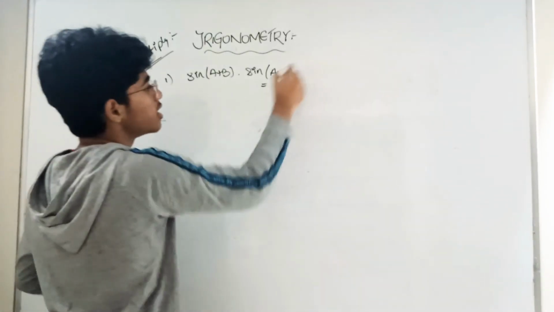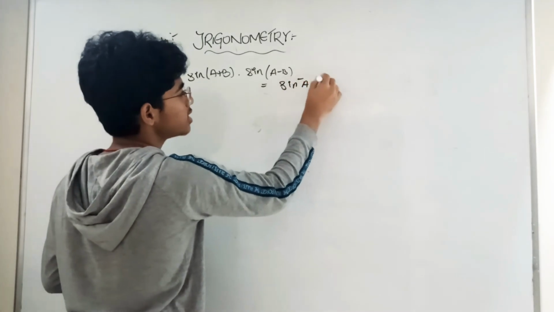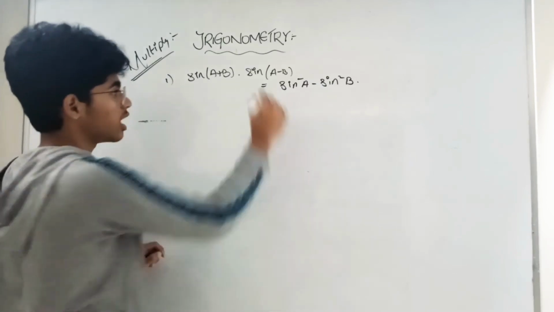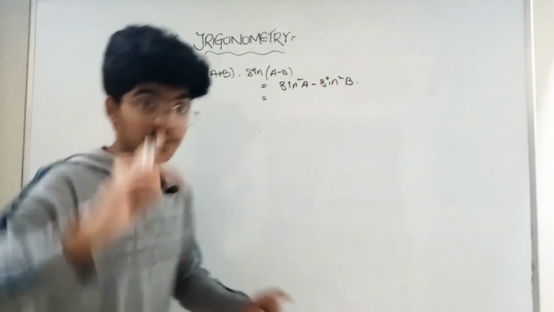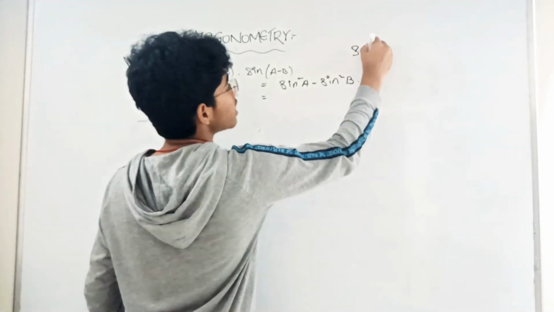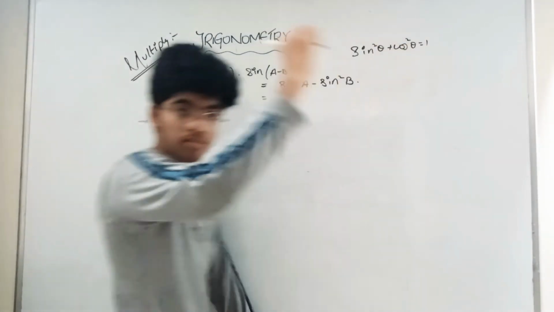What is the answer? The answer is sine square a minus sine square b. Okay? So now we know that. In the first videos we remembered that sine square theta plus cos square theta equals 1.